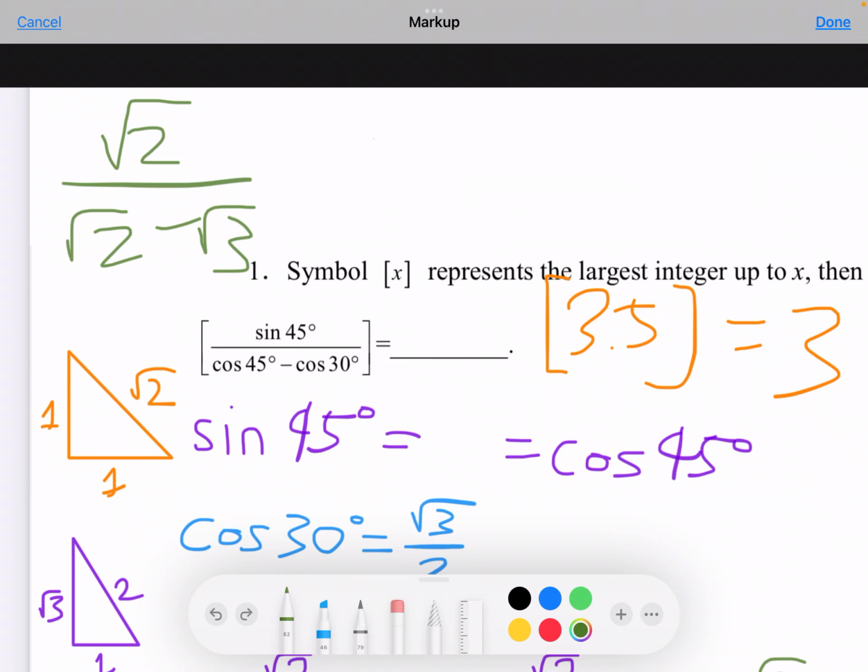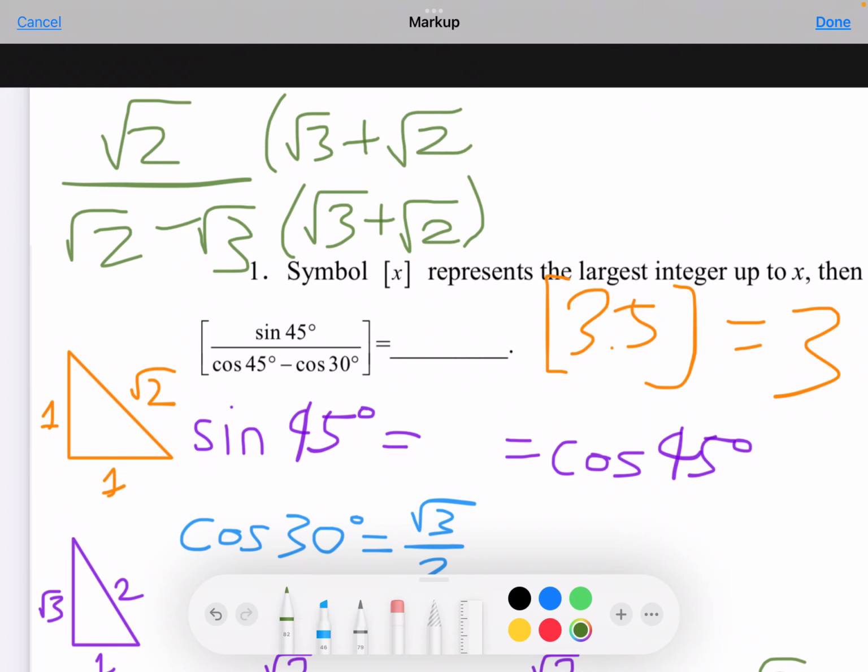You need to multiply both top and bottom by square root of 3 plus square root of 2.